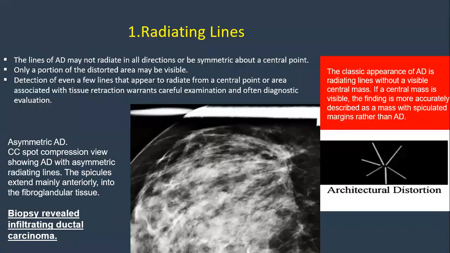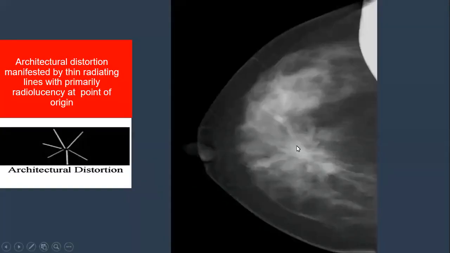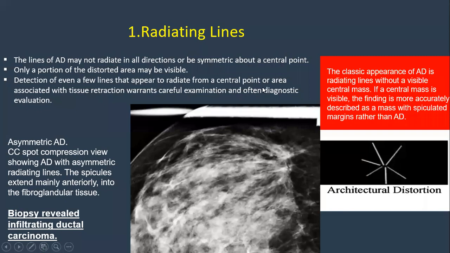If you look here, you can see the lines radiating toward the central point in all directions. But this is not always the case. As you can see in this lesion, the lines are radiating toward the anterior aspect only, but they are very long lines projecting into the parenchyma. It can be asymmetric; not always necessarily do you see these lines in all directions.